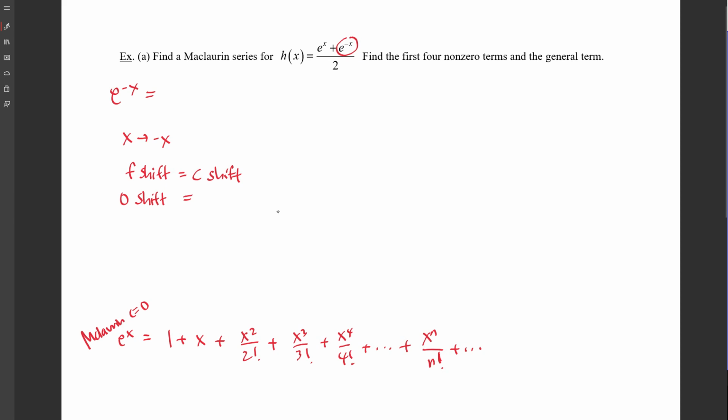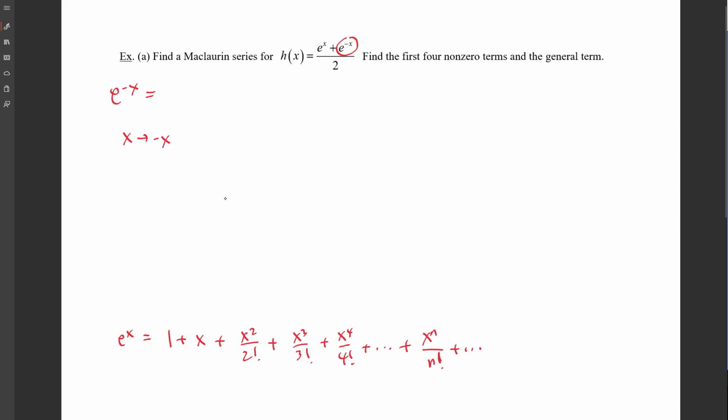So I'm going from a center of 0 to a center of 0, so that's also a 0 shift. The f shift is 0, the c shift is 0, so therefore I am allowed to use substitution here. So I'm going to substitute x with negative x.